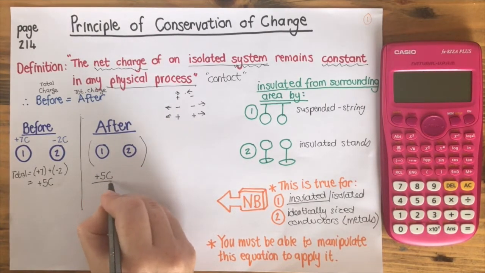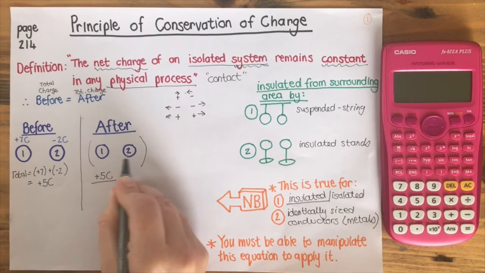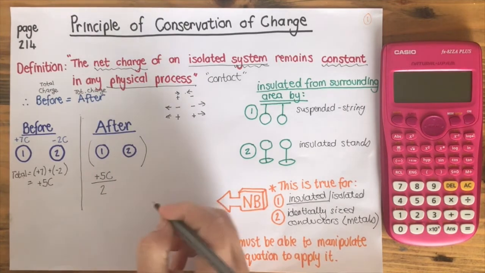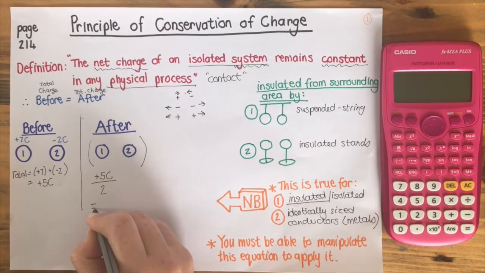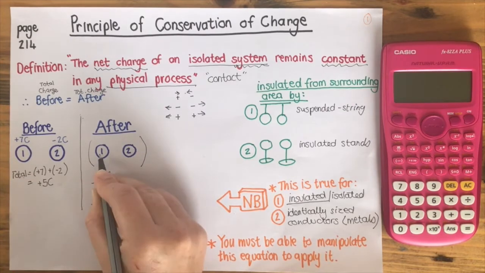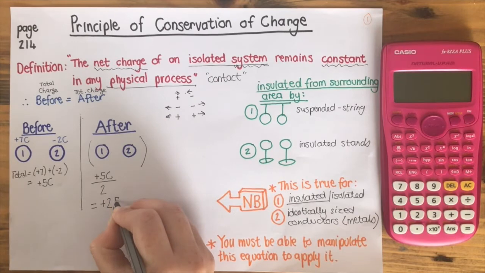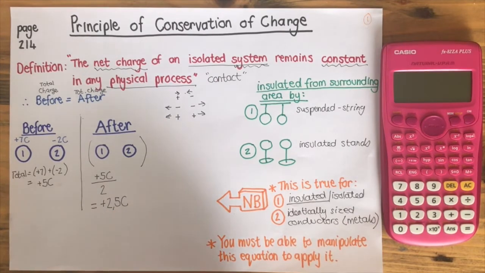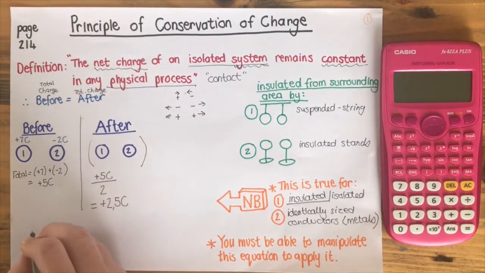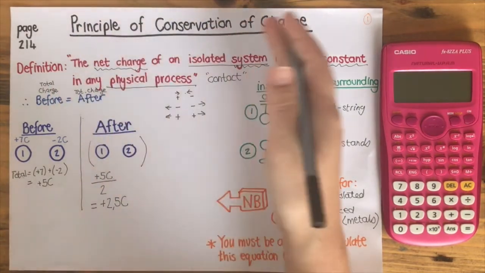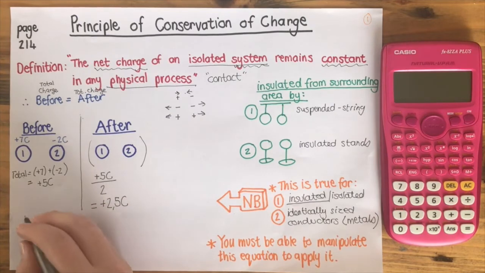So we would simply say that the charge divides itself equally between the two spheres. This 2 is because there are 2 spheres. So over here, each would have a charge of positive 2.5 coulombs. This leads us to an equation, which is the formula for the principle of conservation of charge.